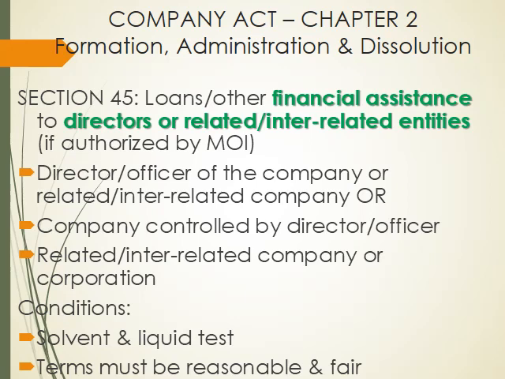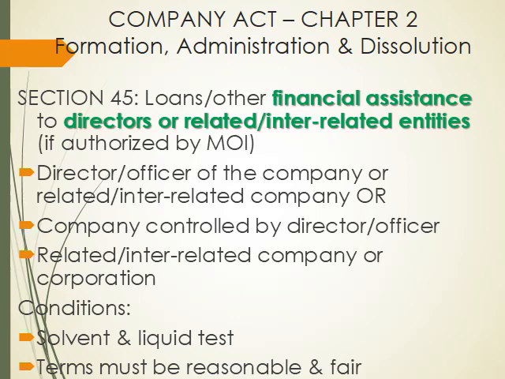So if one company wants to buy shares in another company, and that first company is controlled by a director or any of those related entities, and then the company at hand provides financial assistance to acquire shares in itself, once again, the conditions are for the solvency and liquidity test to be satisfied.